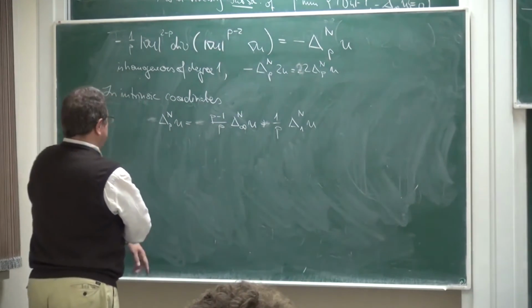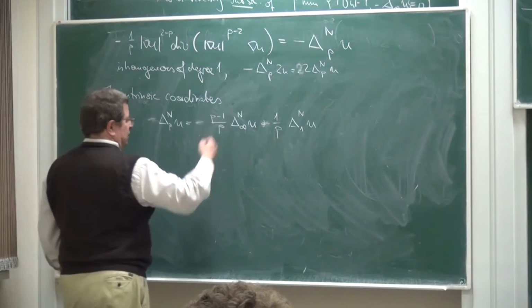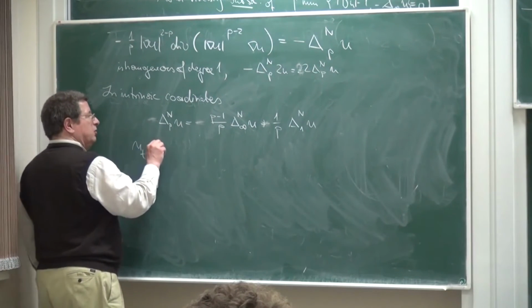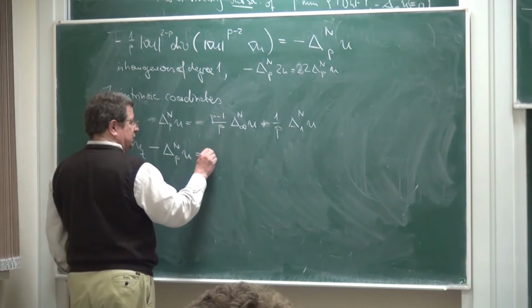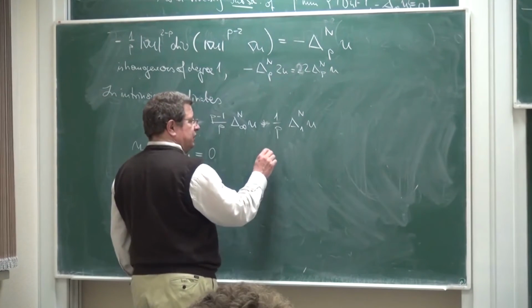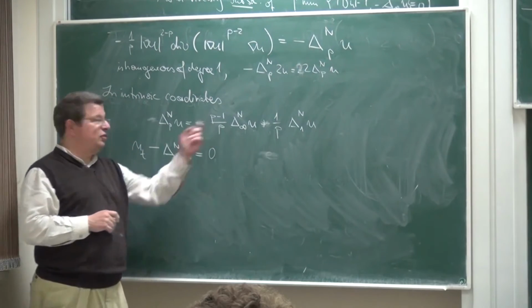Now let's see. When you look at the equation u_t minus the normalized p-Laplacian equal to 0, you get solutions that decay like e to the minus lambda t, where lambda are eigenvalues of this operator.